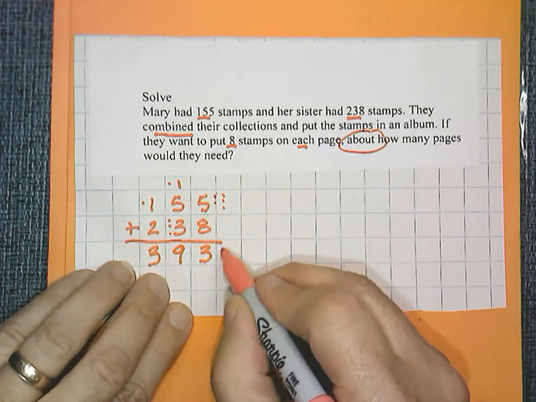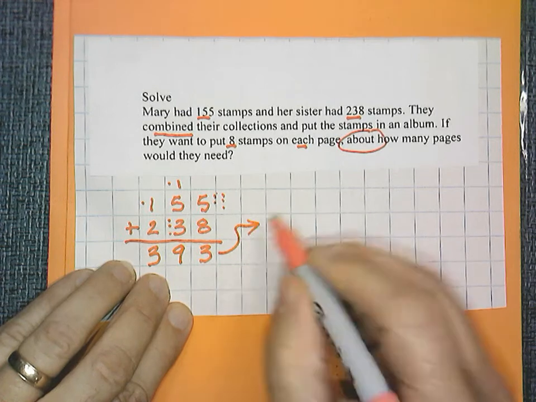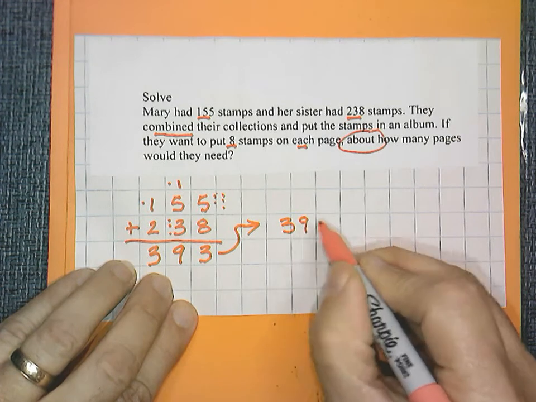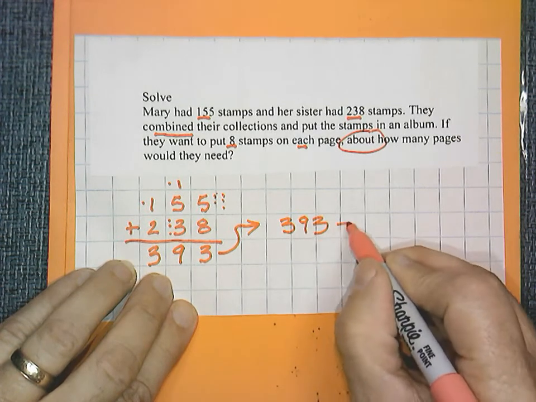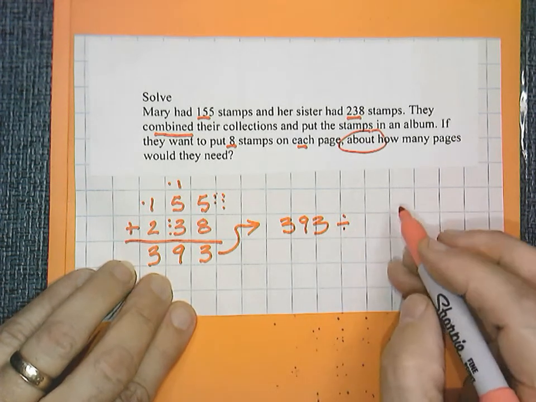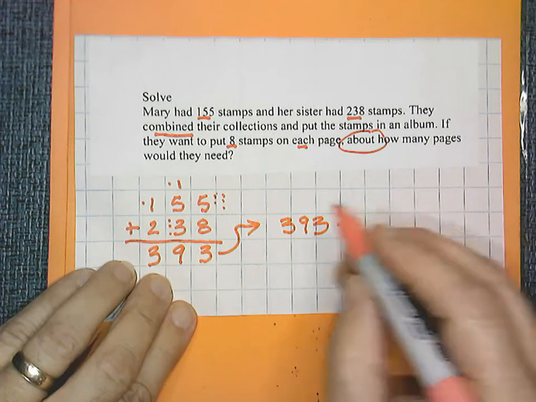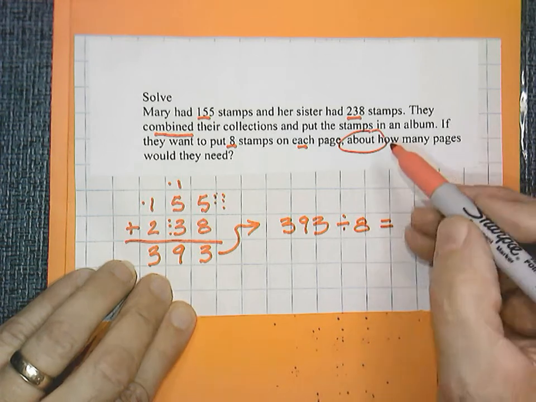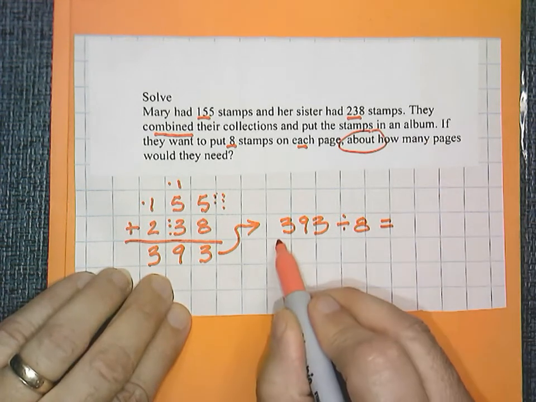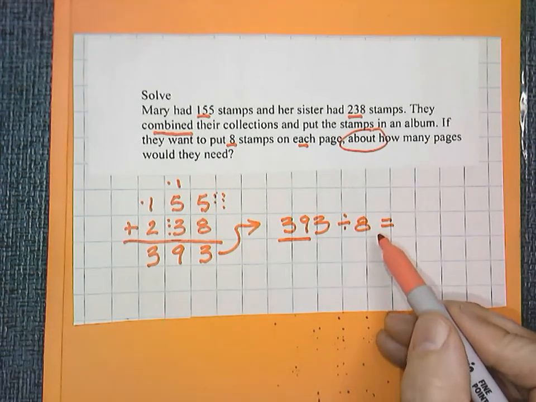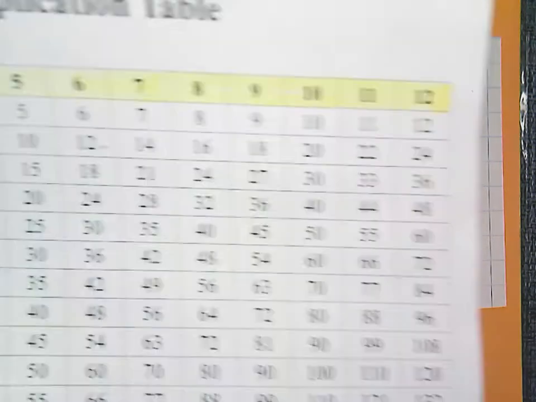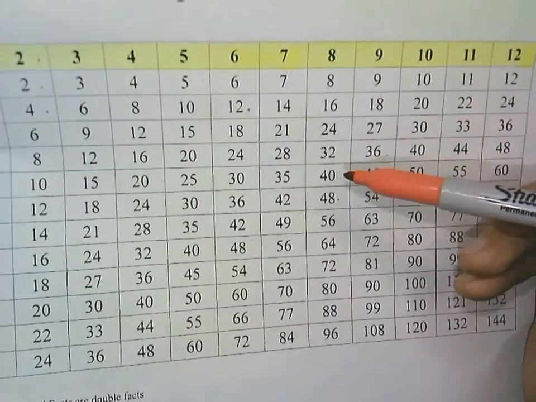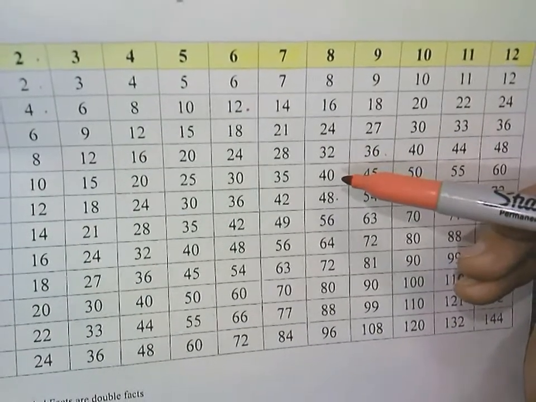Now we're going to have to divide that by 8. But because of the word about, we're not looking for an exact answer. Divided by 8. So we're going to find a compatible number, 39. I'm going to use my chart for 8. And 40 is the closest that I can get to 39.